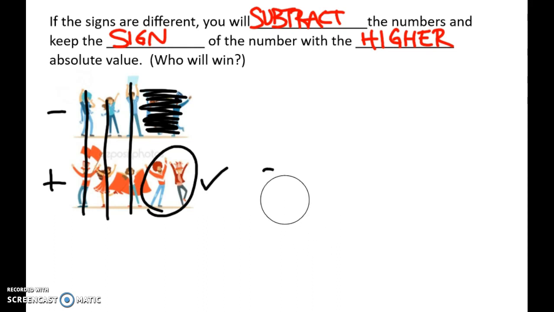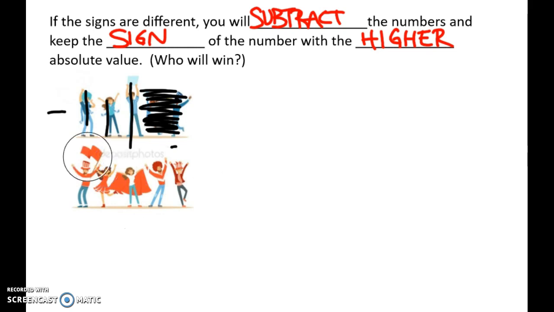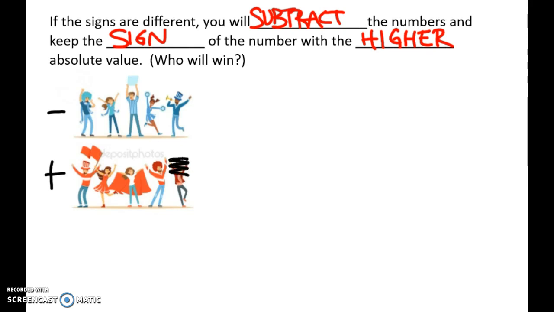Now, if we had a different situation, and in this case, let's say we had 5 negatives and 4 positives, we still subtract. Who's going to win? We had 5 and 4, so there would be 1 person left over, but it would be the negative person.